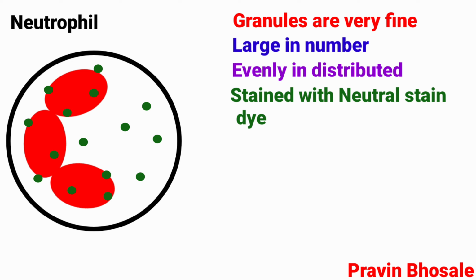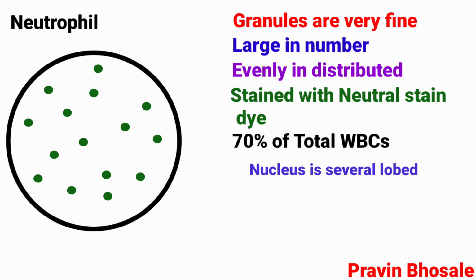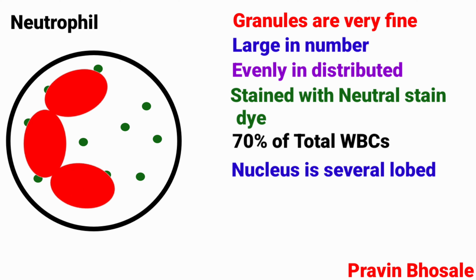So neutrophil stained with neutral stain dye. Neutrophils are about 70% of total WBCs. These cells are spherical and nucleus is several lobed, 2 to 7. So in neutrophil, nucleus is several lobed, 2 to 7.